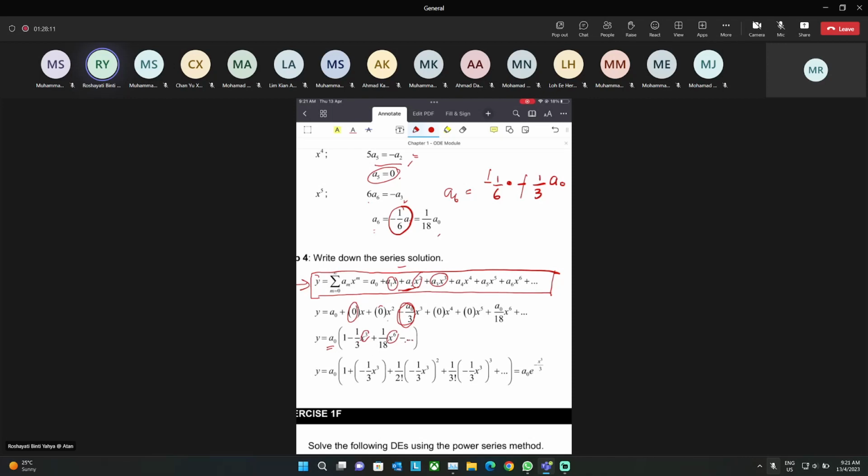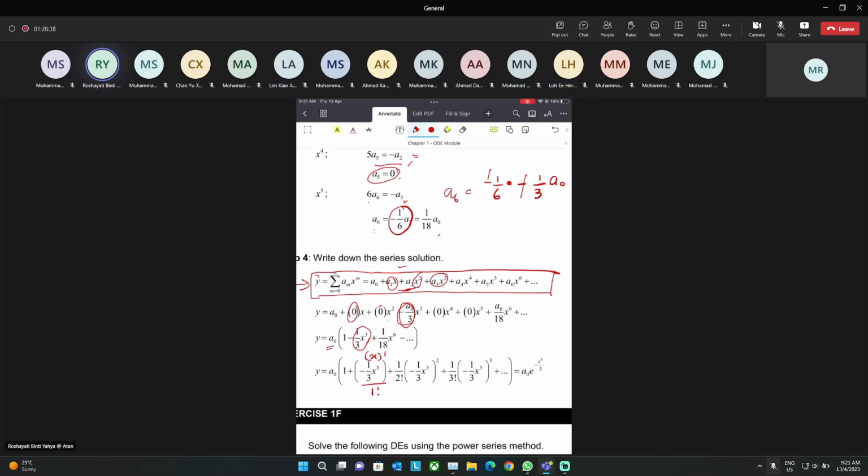So class, look at your first part here. So x to the power of 3, or x cubed. This one you can change to your x. So this becomes x to the power of 1 over 1 factorial.